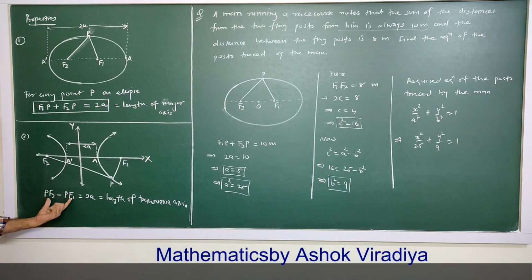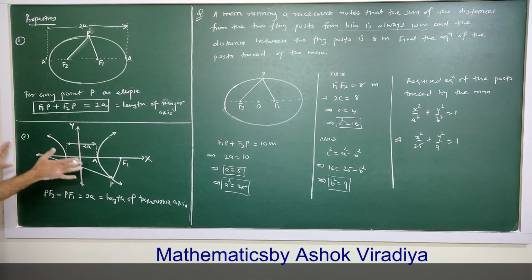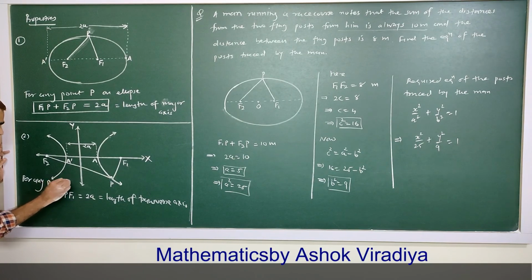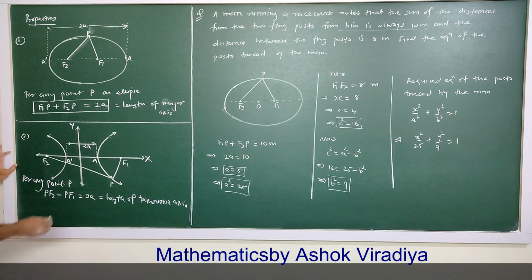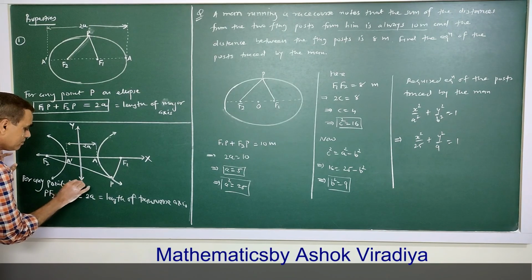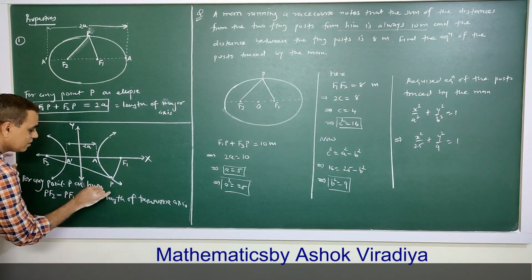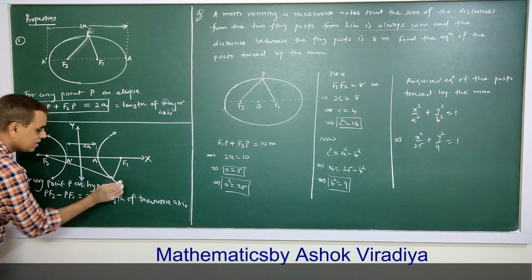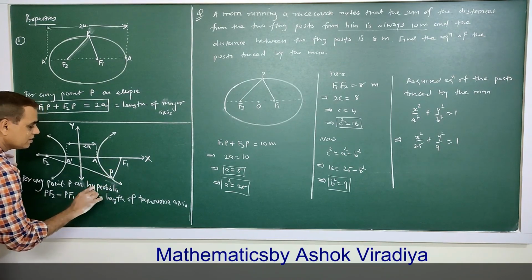Among these two numbers, whatever is greater keep first, and the smaller second. If Pf1 is greater, put Pf1 and then subtract Pf2. So this was the property of hyperbola. Let me insert one statement: for any point P on a hyperbola, this is the property.